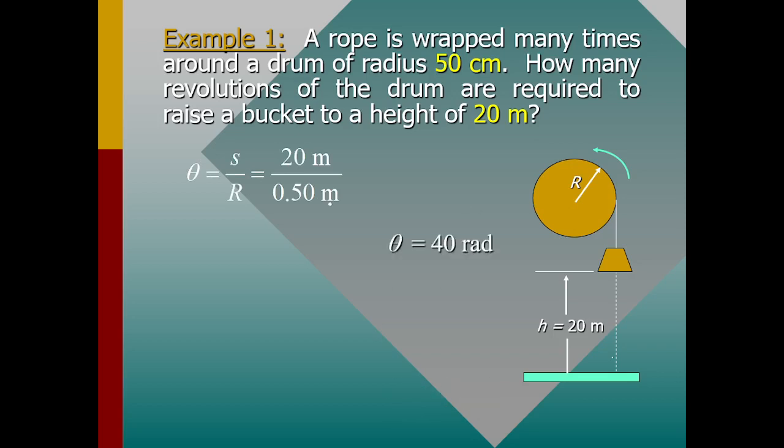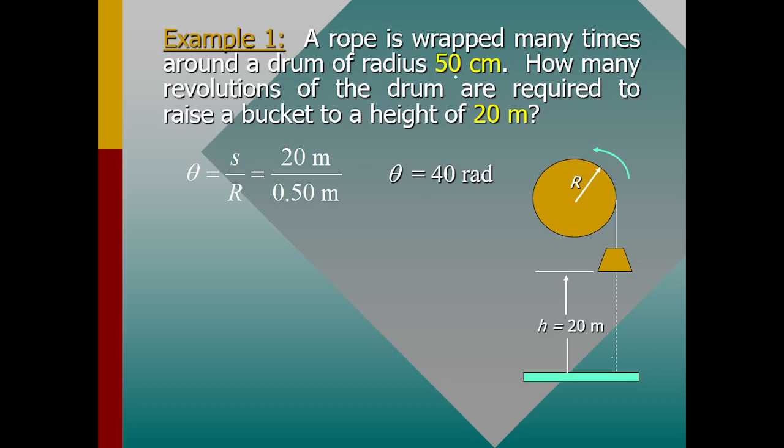So the first thing we are going to find is the theta, the angular displacement. We use the formula theta is equal to S over R, which is equal to 20 meters, which is the arc length, because the pull of that rope leads to the formation of the arc length in that particular rim, over 0.5.